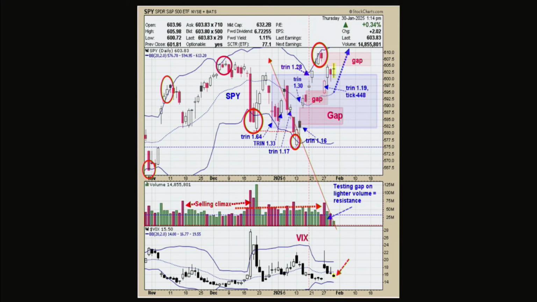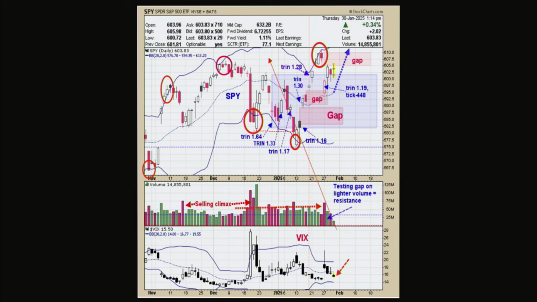If you look at the volume chart, the second window up, I marked out the previous selling climaxes, which is when volume jumps close to 100% compared to the previous days. On Monday we had one of those days, with climactic volume.